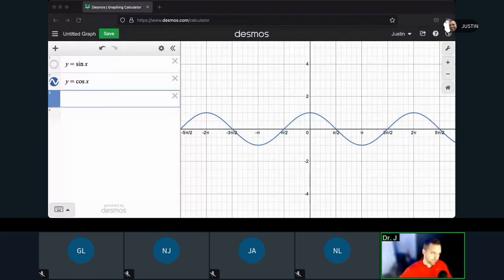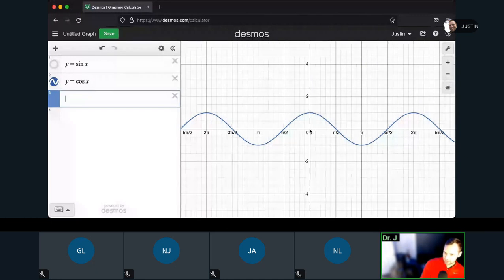Yep. So at 0 degrees or 0 radians, we can see on the unit circle that the x value is 1 because the coordinate is (1, 0). If we keep rotating to 90 degrees or pi over 2, the x value is 0. At 180 degrees or pi radians, the x value is -1.